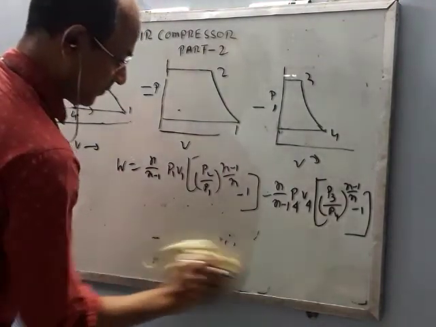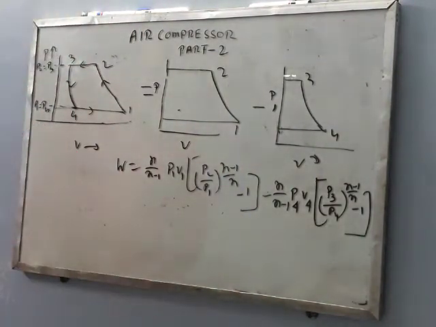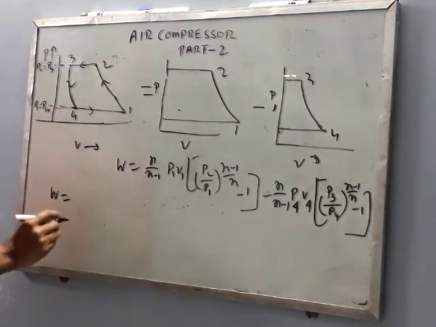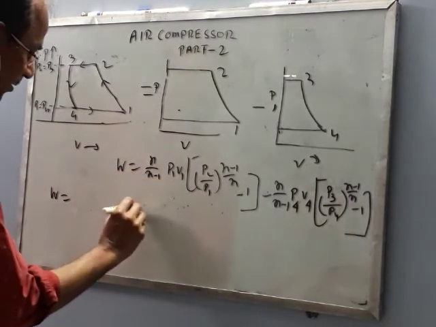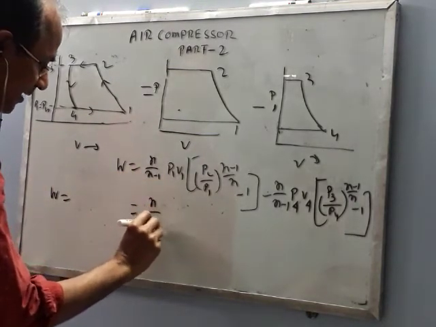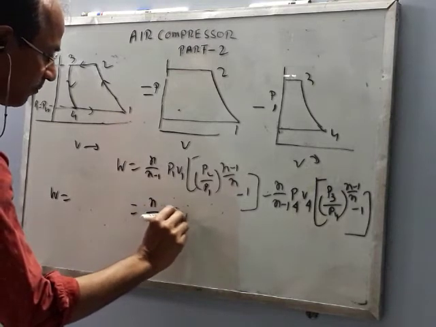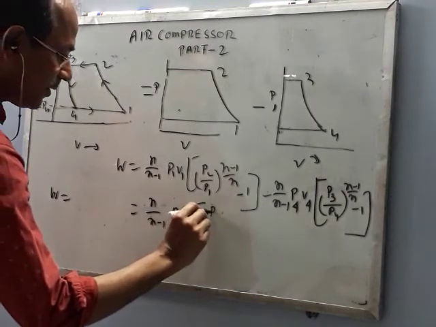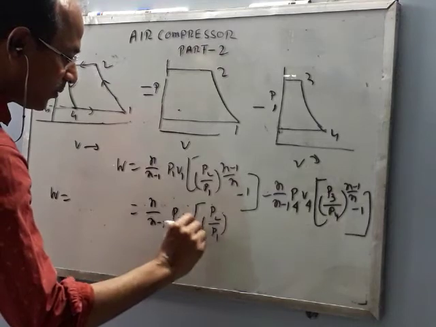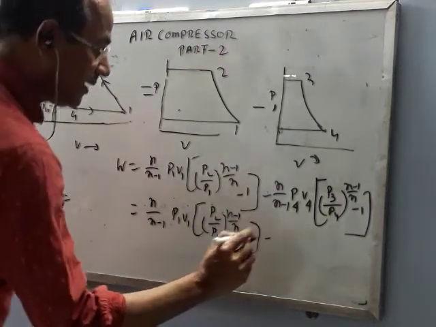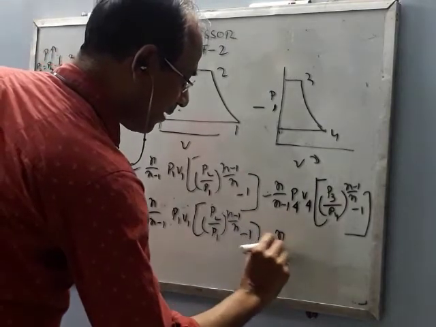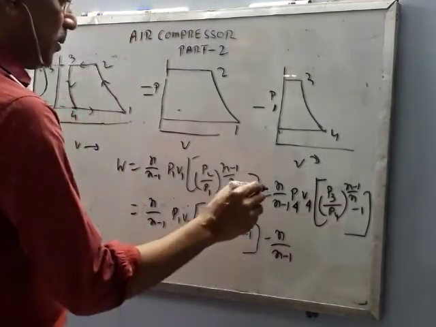So you write it out, and from this figure we can see that work done is equal to n by n minus 1, P1 V1, P2 by P1 to the power n minus 1 by n, minus n by n minus 1.